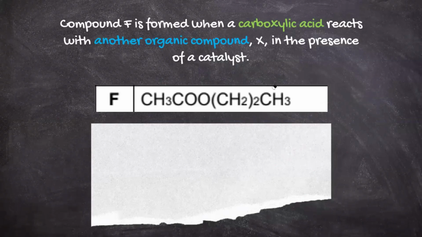So this is already giving you a clue. You're going from carboxylic acid to something, which is F. Now, what homologous series is F, this compound that they've written out?